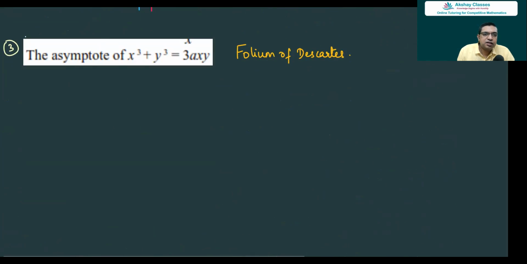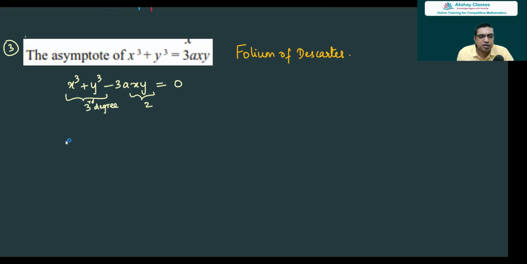So let's do that. Now this is the equation of the curve. This is a degree 2 term and these two are degree 3 terms. So it's a third degree equation. Now equate the highest degree terms to 0.